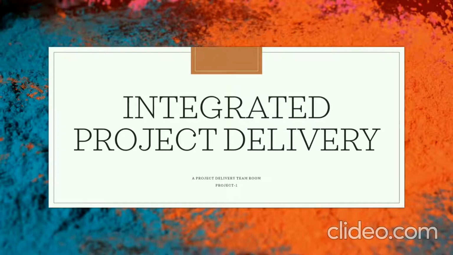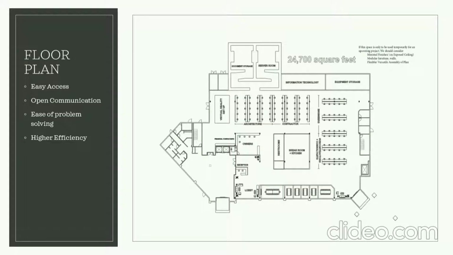One of the key principles of integrated project delivery is that all stakeholders involved in the project are co-located at the same place physically. This helps in achieving higher efficiency and helps in successfully executing the project.